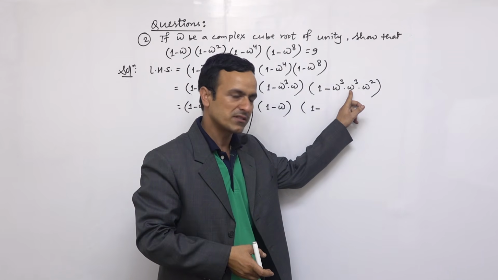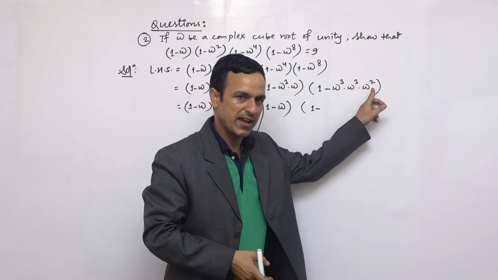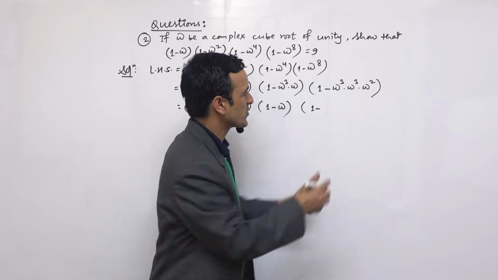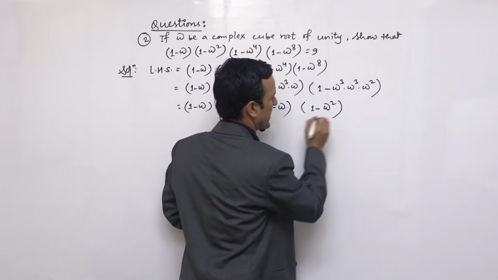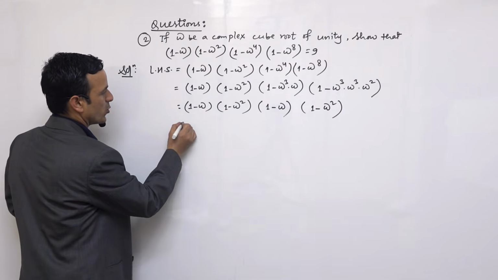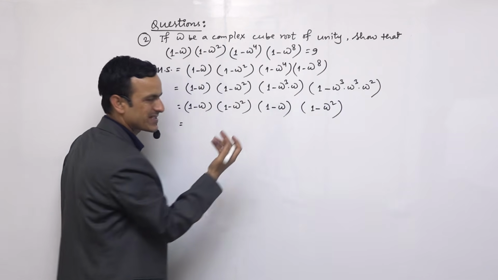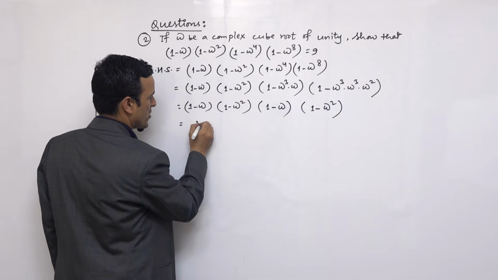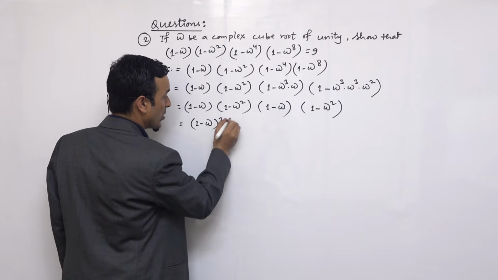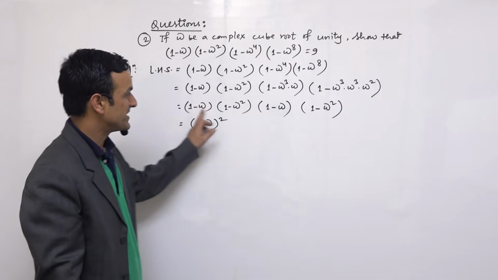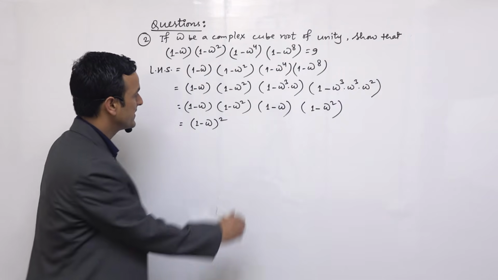This is also 1 and it is omega square. So 1 into 1 into omega square means it is omega square. If you look once, we can see this term and this term are similar. So write down 1 minus omega whole square because it is repeated 2 times.